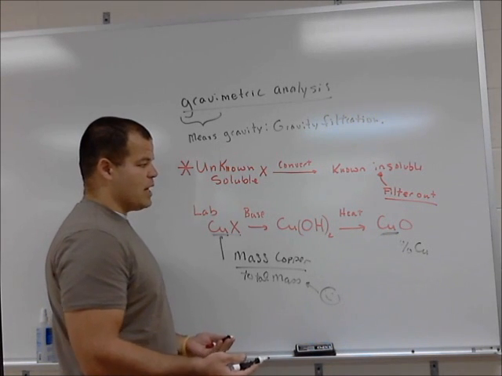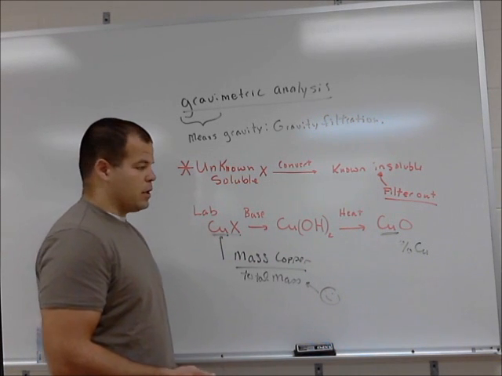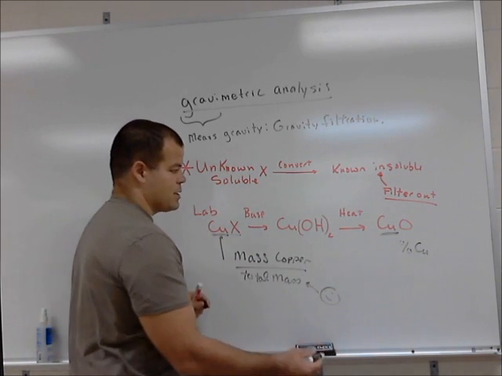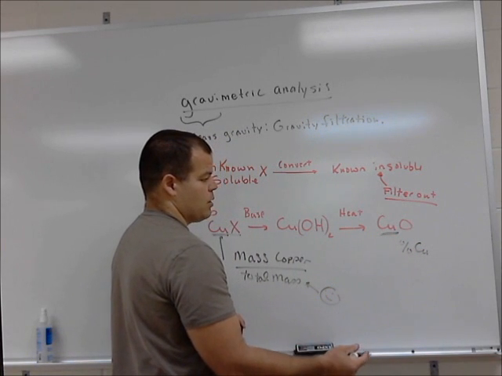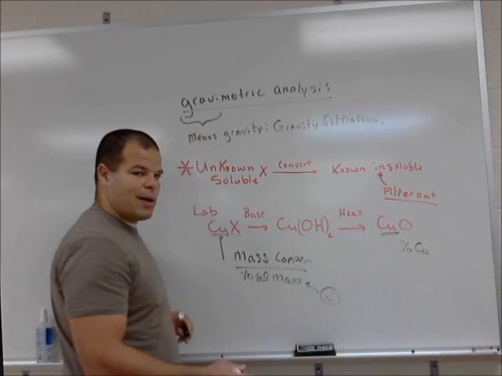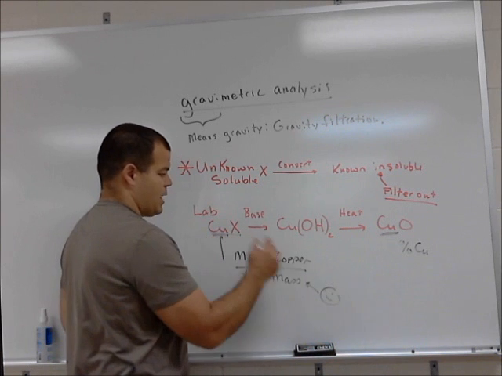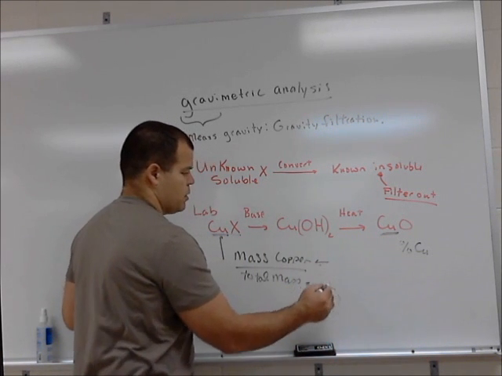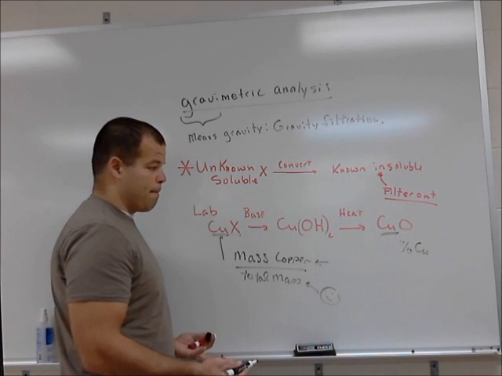So whatever you got for a mass of your product, and hopefully you're following along here as far as being able to calculate that this is 79% copper by mass, you say, well, if I have 10 grams of this, then 7.9 grams of it is copper. All of that copper came from here and can be easily placed right here to figure out the mass percent copper of your unknown compound.